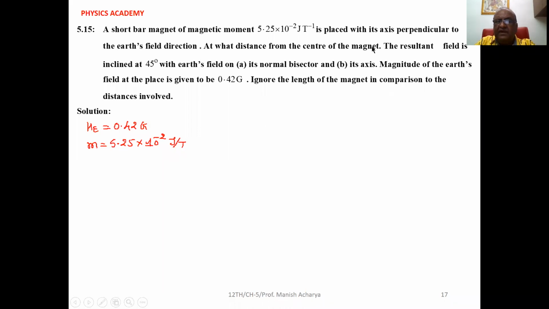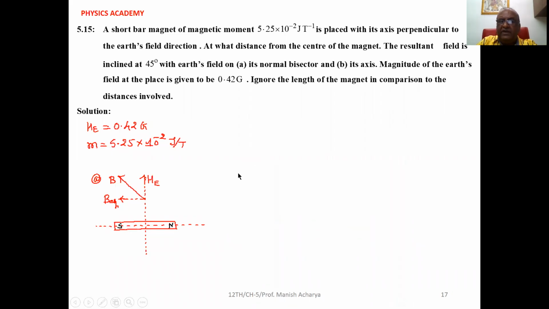Now the bar magnet is placed with its axis perpendicular to the Earth's field direction. See, this is the axis of the bar magnet, and this is Earth's horizontal magnetic field. Both are perpendicular to each other.